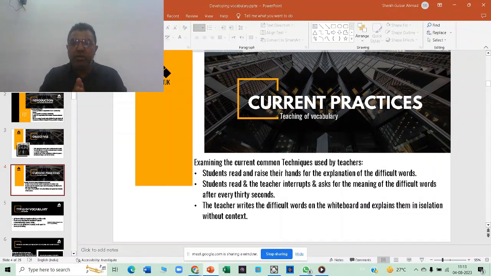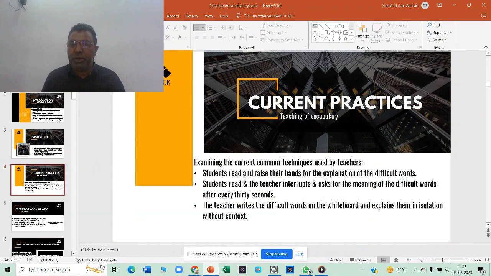So, in that connection, let us see what the current practices in the classroom are. Dear officers, I hope that you will definitely agree with me on these three points. When we examine the current common techniques used by our lecturers, our teachers, particularly at plus 2 level, what we see is that students read and raise their hands for the explanation of the difficult words.